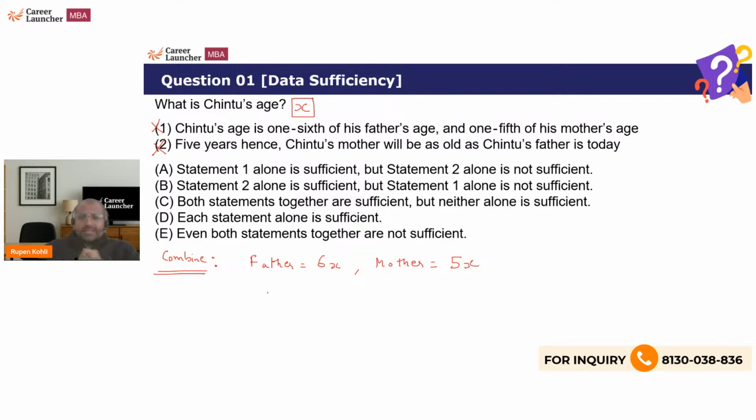So Chintu's mother is right now 5x. 5 years hence, she will be 5x plus 5, and this will be equal to the present age of Chintu's father, which is 6x. So yes, after combining, we are able to solve for the value of x. x is 5. So option C makes sense.